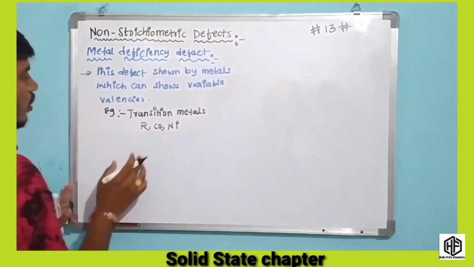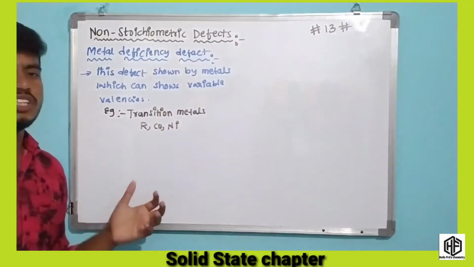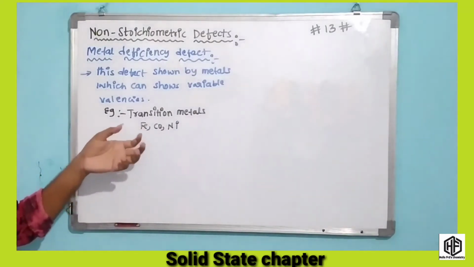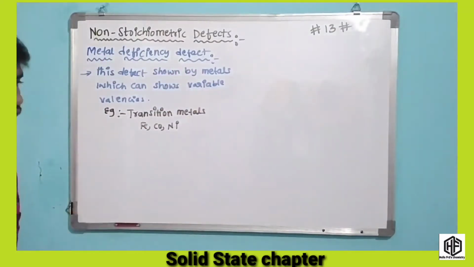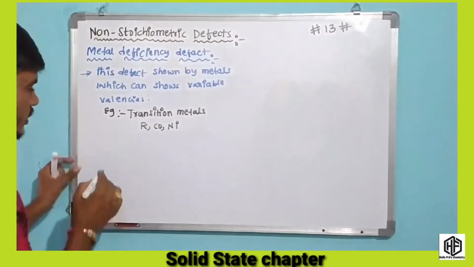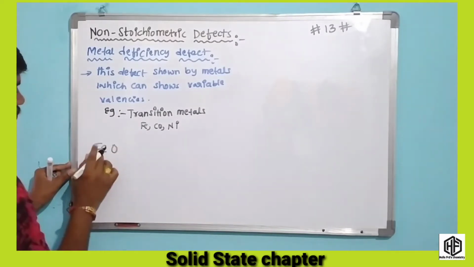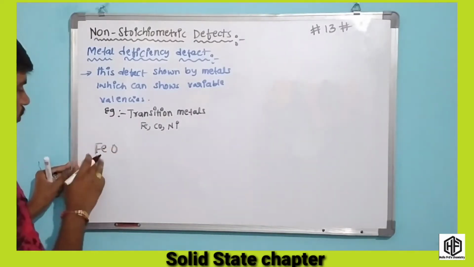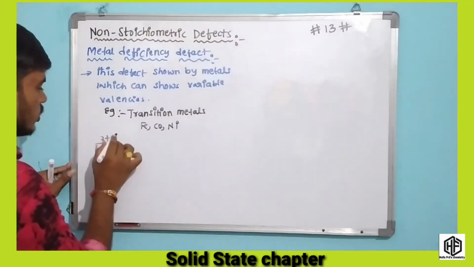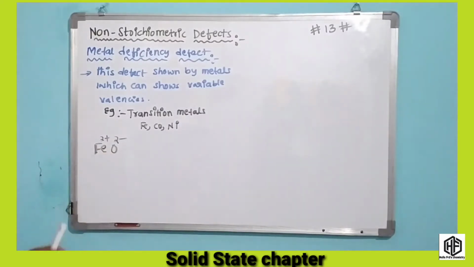These types of metals show variable valency, and they show this metal deficiency defect. The best example of the metal deficiency defect is FeO. Ferrous oxide is the best example. The oxidation state of ferrous is +2 and the oxidation state of oxygen is -2. Ferrous oxide shows this kind of defect.